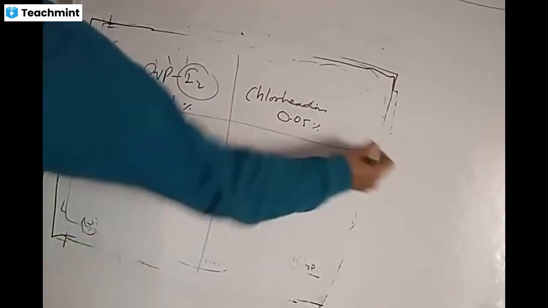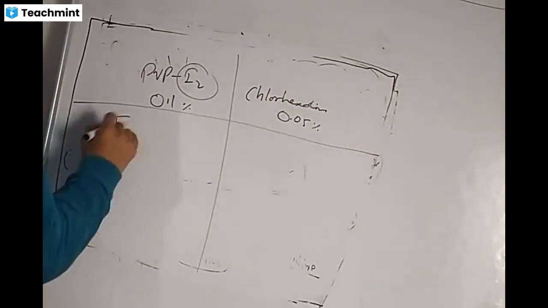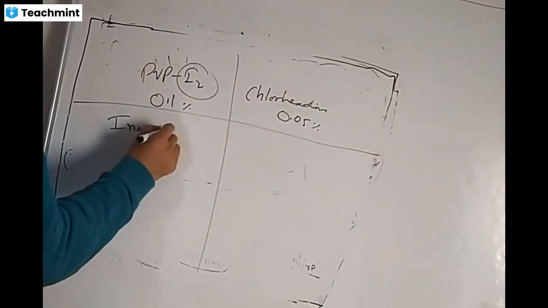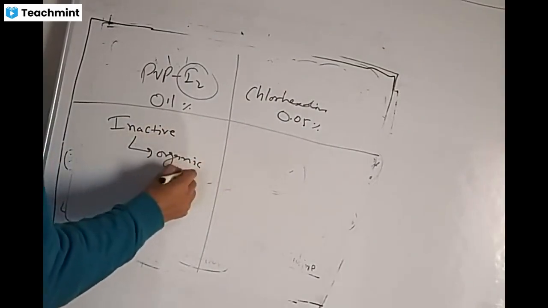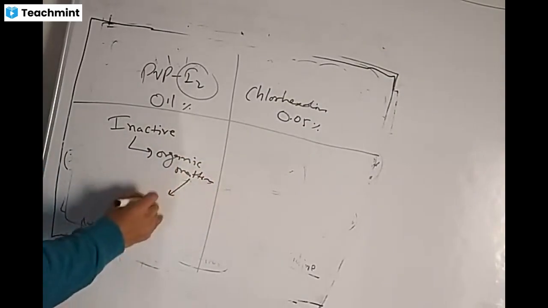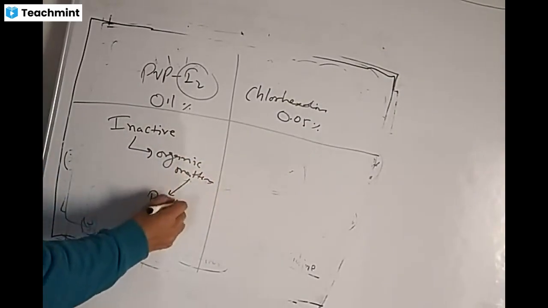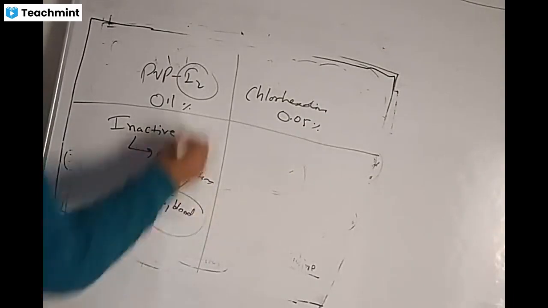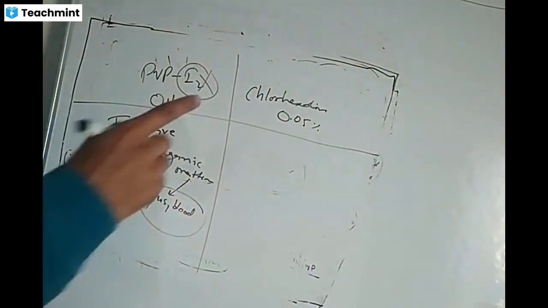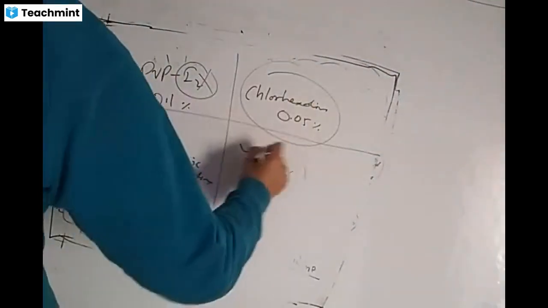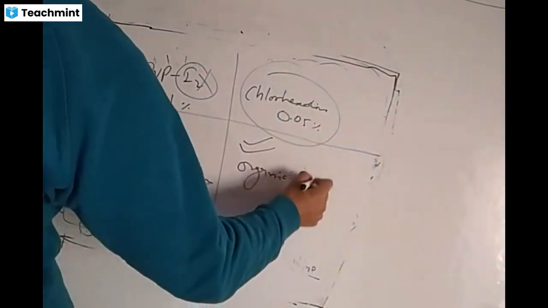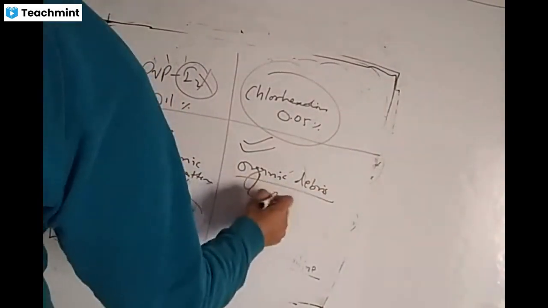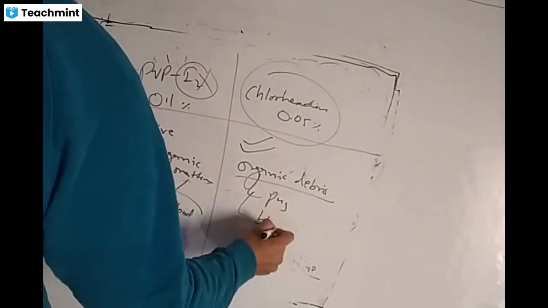The important point is that povidone iodine will become inactive in case of organic matter. It means if there is pus or blood, it will not work. But the good thing about chlorhexidine is that it will work in the presence of organic debris, whether it is pus, blood, or effluent.